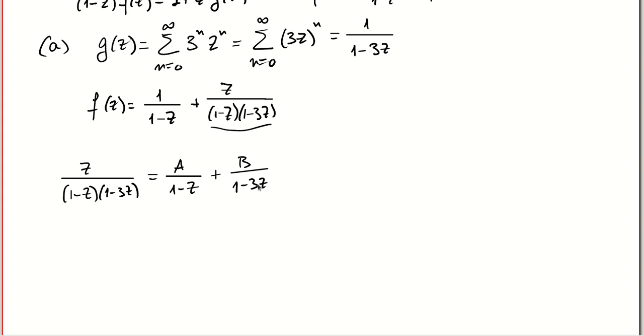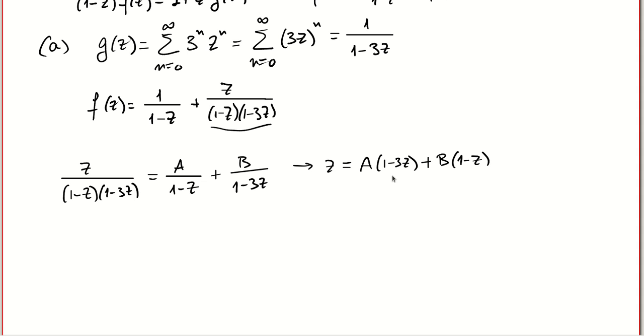To determine these coefficients, you multiply by the denominator, and you get z equal to a times (1 minus 3z), since 1 minus z cancels, plus b times (1 minus z), since 1 minus 3z cancels.